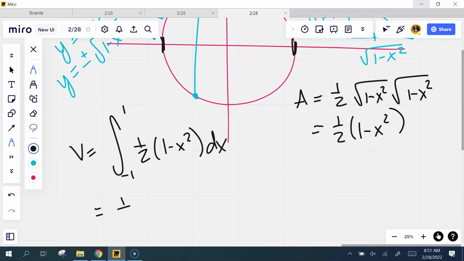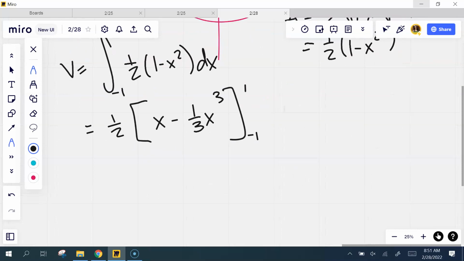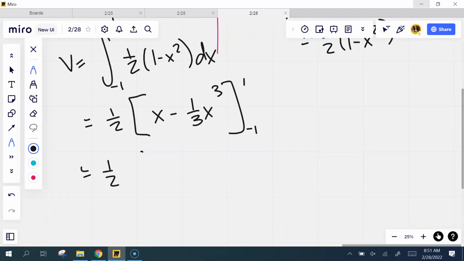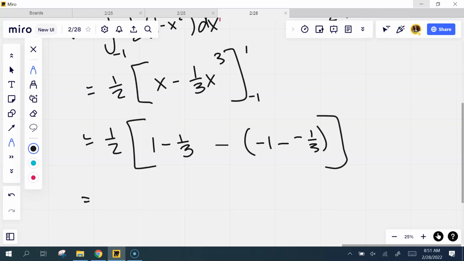Do you want me to finish integrating that? X minus 1/3 x cubed from negative 1 to 1. One minus 1/3 minus negative 1 minus negative 1/3. 1 minus 1/3 would leave me with 2/3, and negative 2/3.